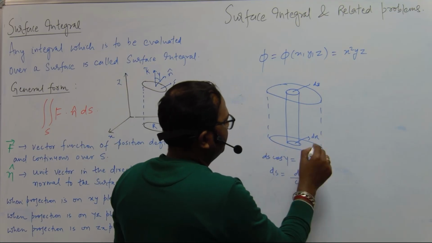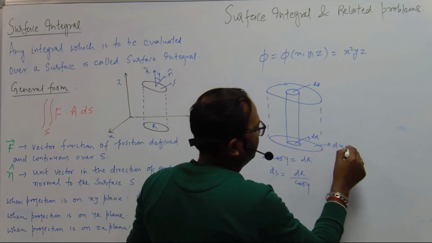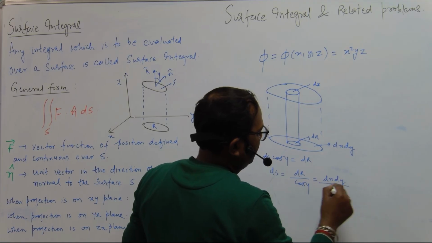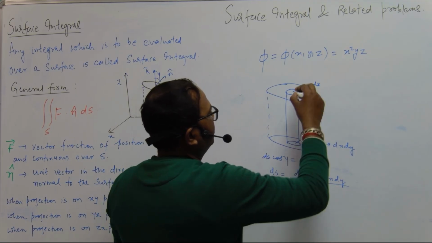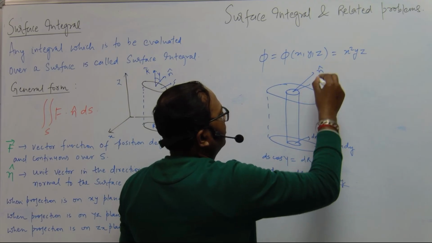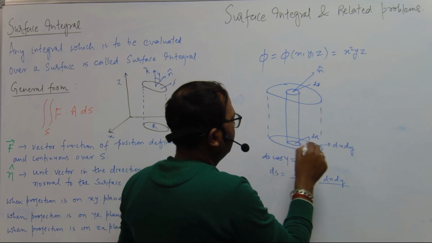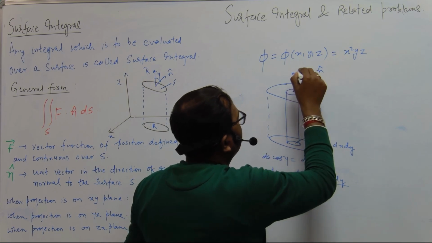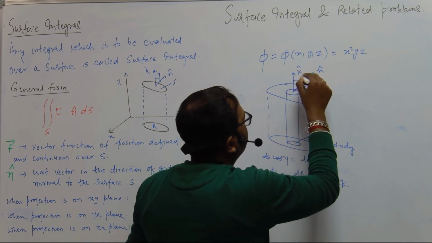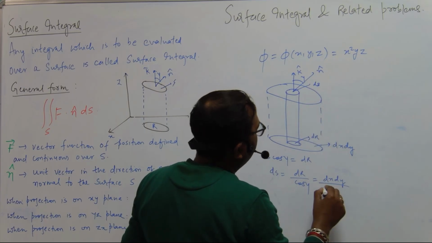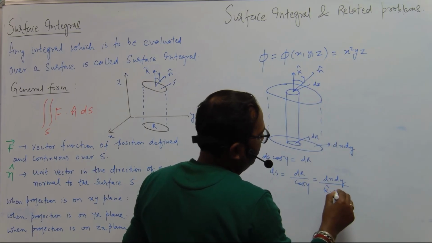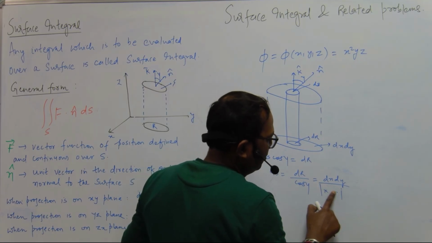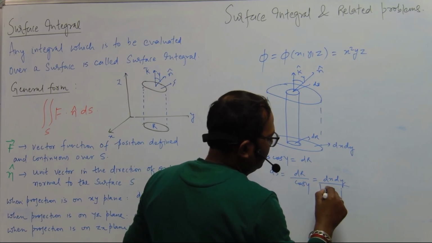Suppose this projection is on the xy plane, so dr is dx dy. This will be equal to dx dy upon cos gamma. This is our n cap, and the unit vector perpendicular to the xy plane is k cap. This angle is gamma, so cos gamma will be n cap dot k cap.